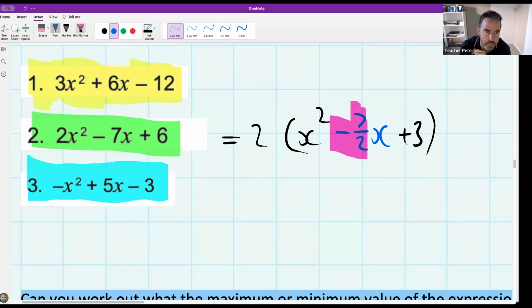I need to take minus 7 over 2 and divide it by 2, or times it by a half, then square it and get some number. Let me do that a bit bigger.